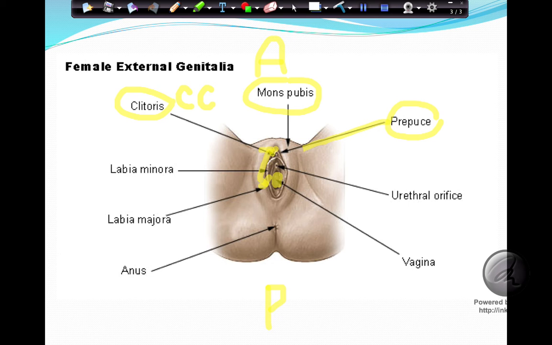Moving on, the labia majora and minora are here mostly for protection and to some extent lubrication.